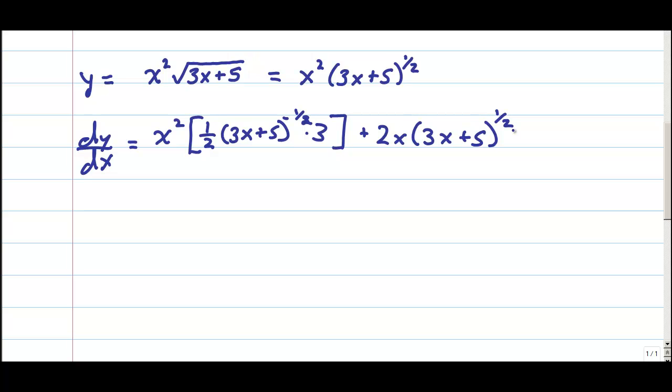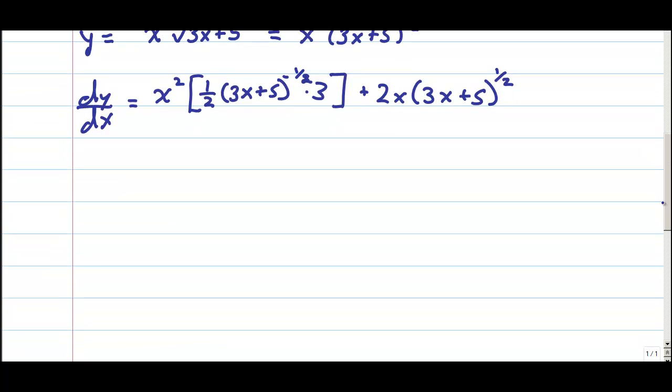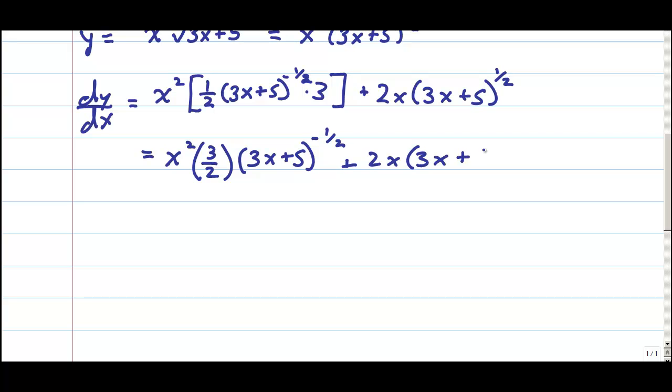Now, what I want to try to do is clean this up a little bit. In other words, I want to simplify it. There are some obvious simplifications that I can do right away. For example, I can take this 3 and this 1/2 and say that's x squared times 3/2, times (3x plus 5) to the negative 1/2, plus 2x times (3x plus 5) to the 1/2.